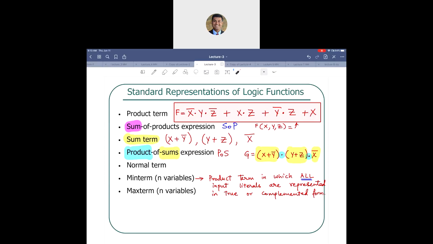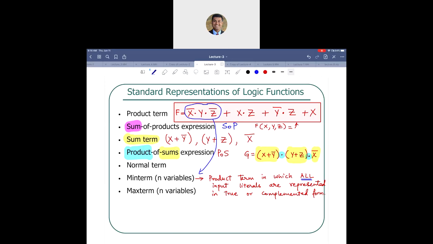But is there a product term in which all three, x, y, and z, are represented? Yes. Which one is it? It is only the first term. Only that term is a minterm here, because that's the only one in which x, y, and z are represented.